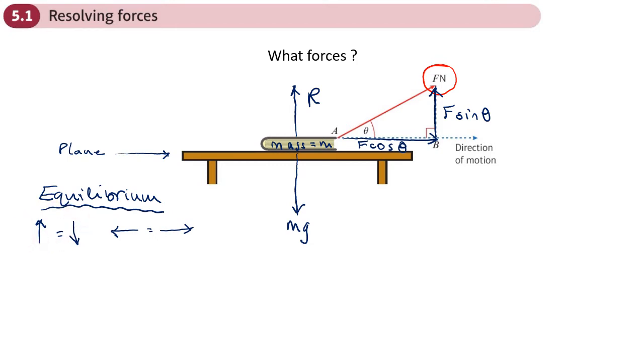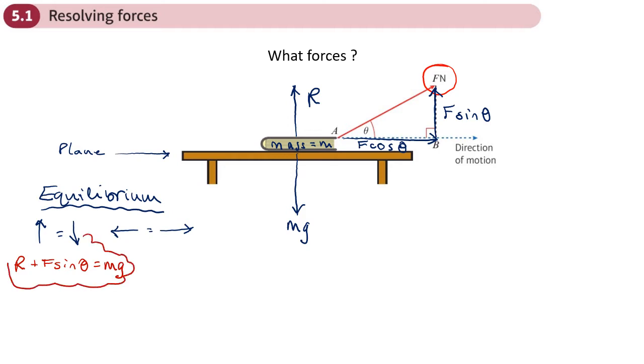So if we have a look, our forces going up are R and F sine theta. So that will equal the forces that go down, and that's just mg. So that would give us one equation.